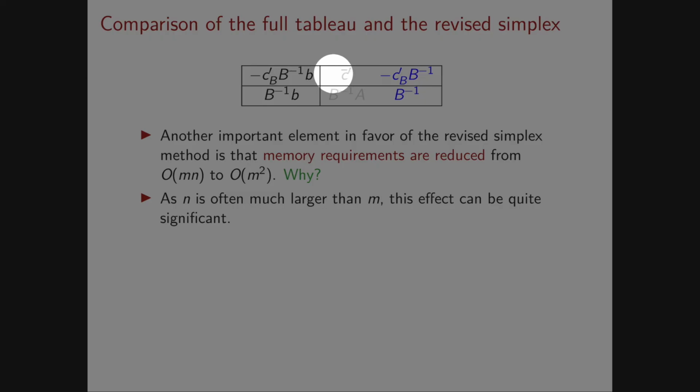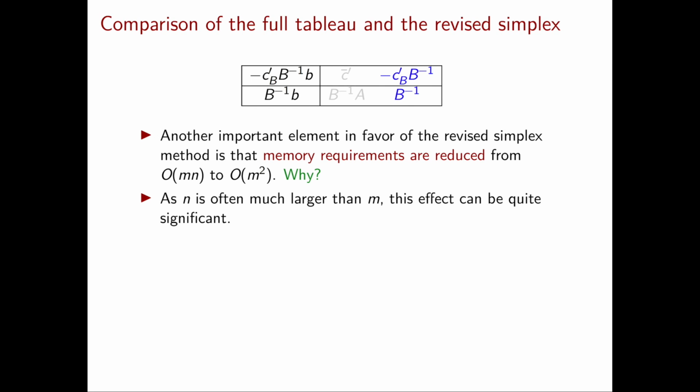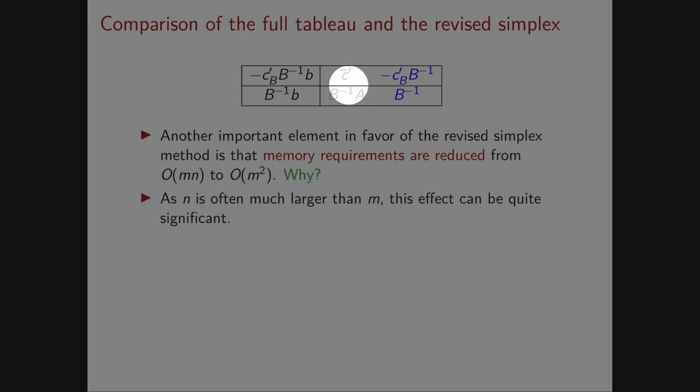Then when we compute the reduced costs one at a time, if we obtain a reduced cost that is greater than or equal to 0, we don't need to keep it in memory, we can just erase it. And when we find a negative one, we explicitly construct only one column of B inverse A, which consists of only m entries.